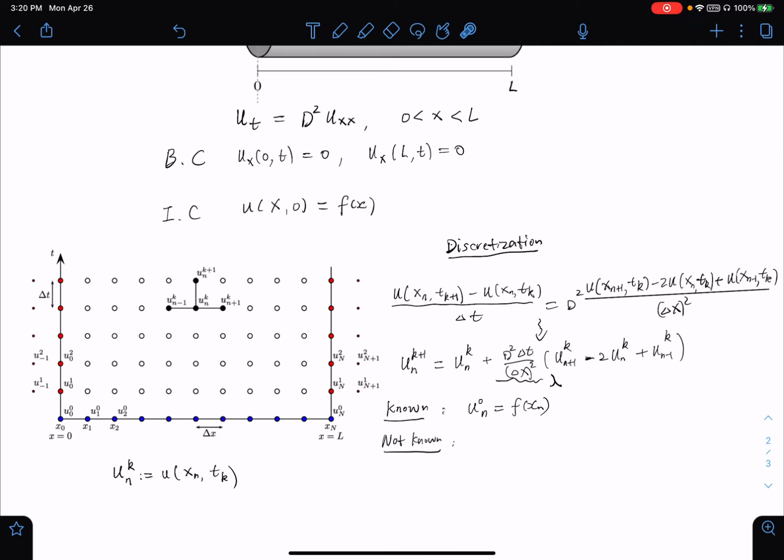Okay, but the difference is that we don't have these values explicitly given. Right? We don't have the u values at x equals 0 at all times t. We don't have that. Instead, we have the derivative at the boundary point x equals 0. Right? So we don't have these values.